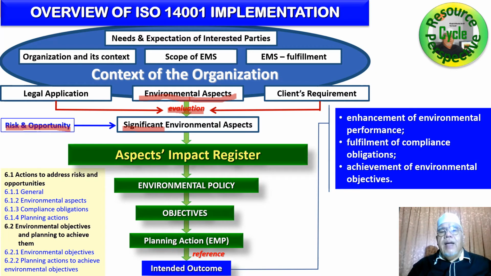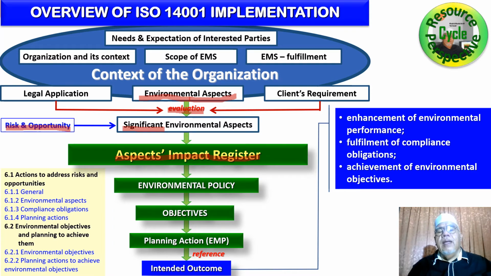And also I've added environmental performance evaluation as an added thing, due to the fact that this standard wanted to have performance reflected. Then we develop this aspects impact register for a company.